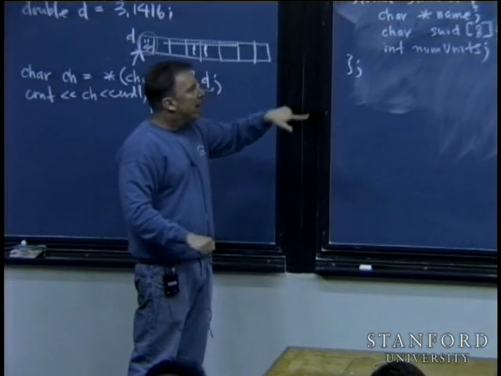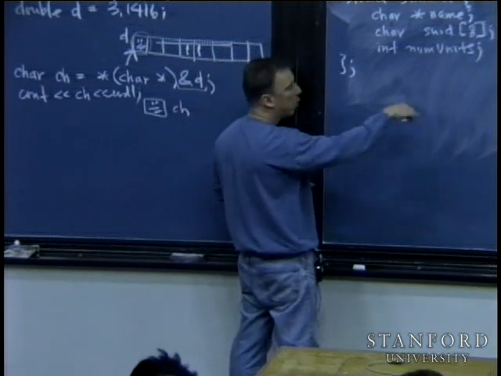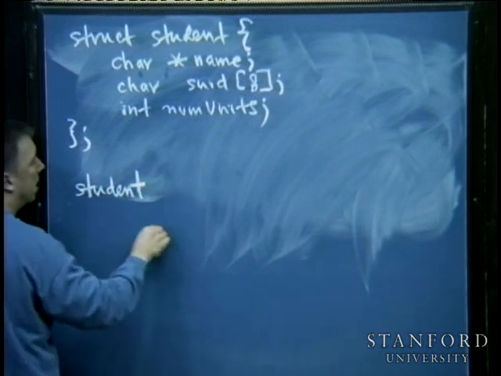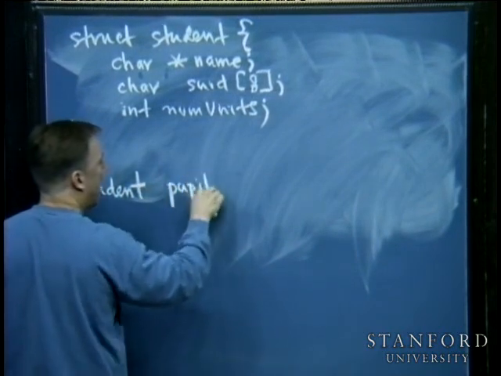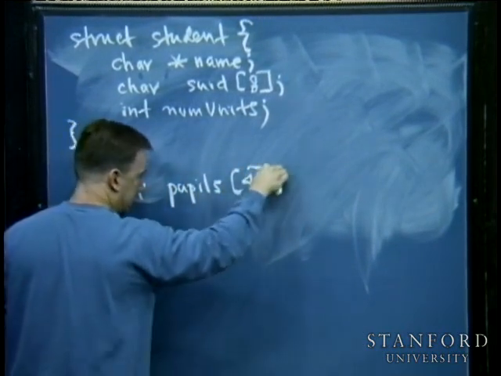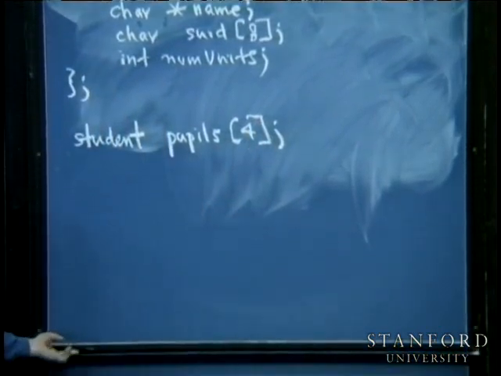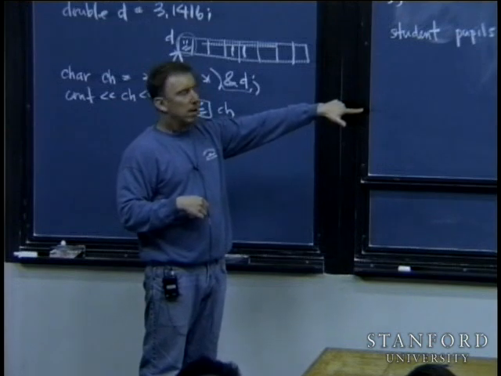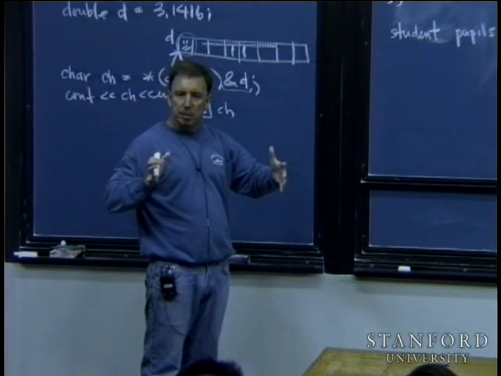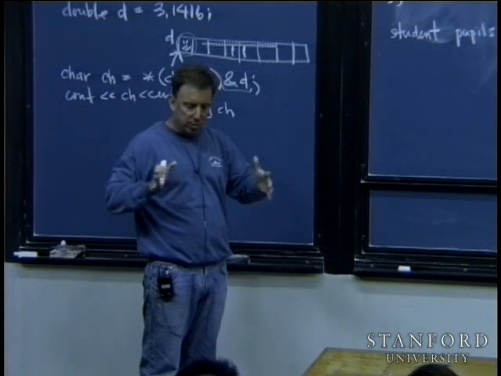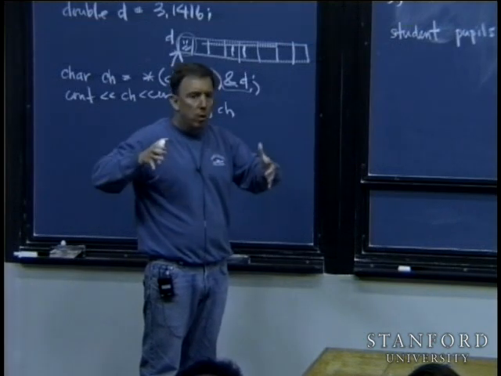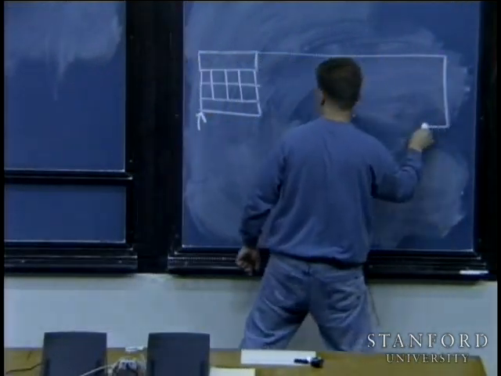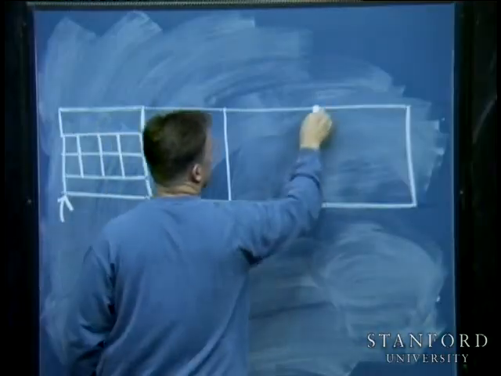Okay. If I go ahead and declare 4 of these things in an array, student pupils of 4, then I get 4 of those things laid out side by side. The way of laying down the base elements of an array is the same whether you're dealing with booleans or ints or doubles or structs. So actually I'm going to have 4 of these things.